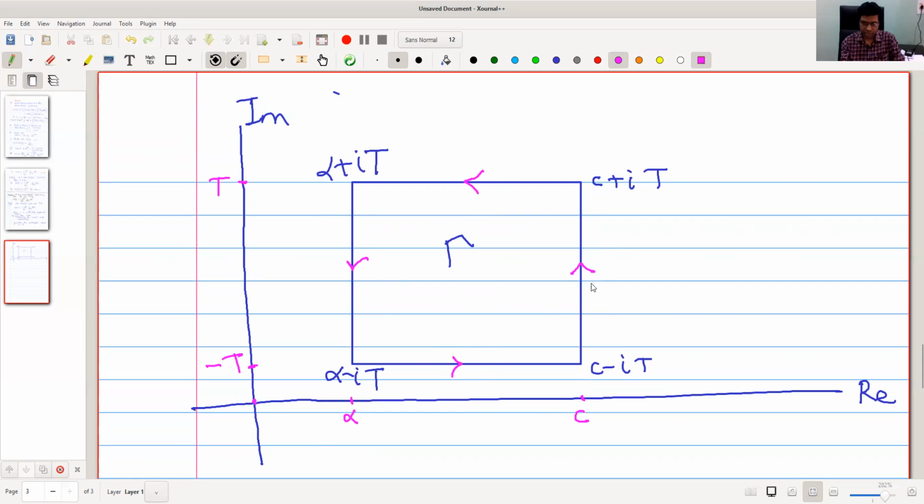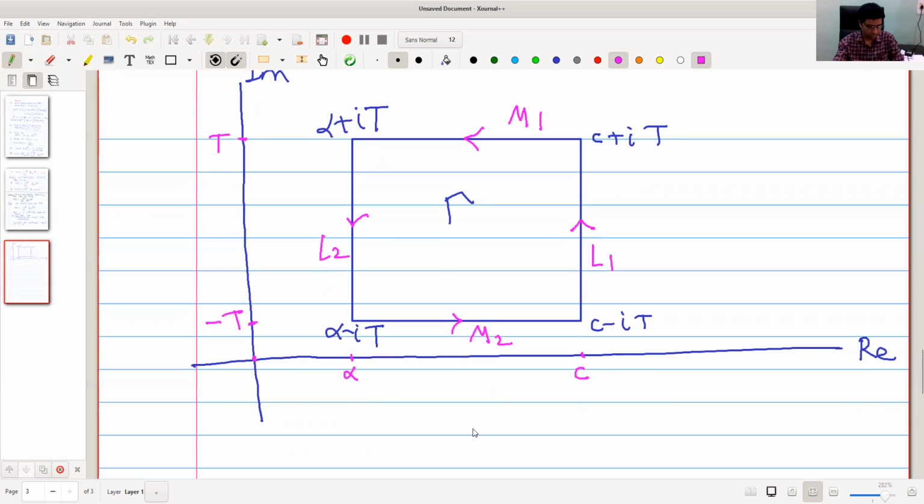We call this first vertical line L1, this is M1, this is L2, and this is M2. So we consider these four line segments, and these form the boundary of region gamma.